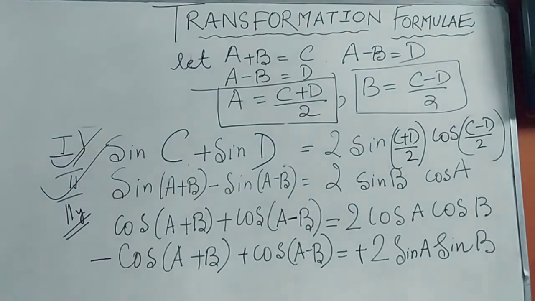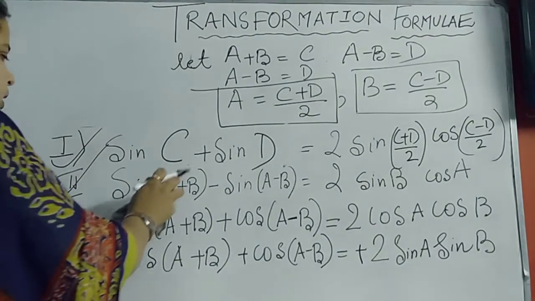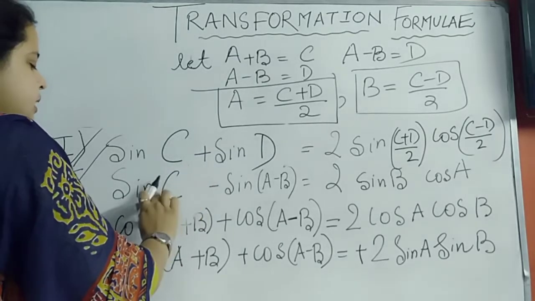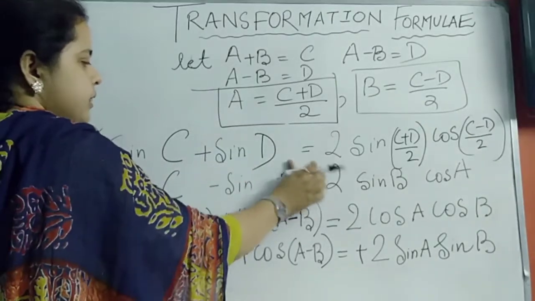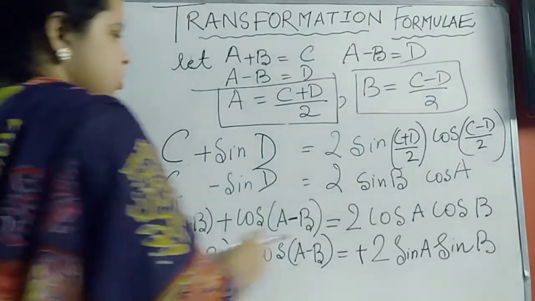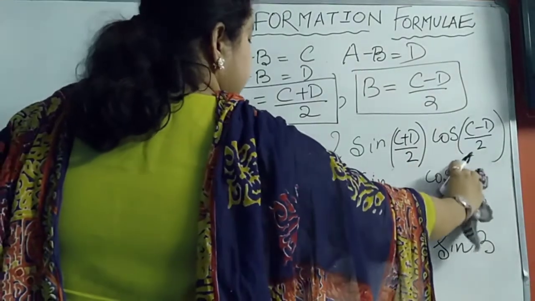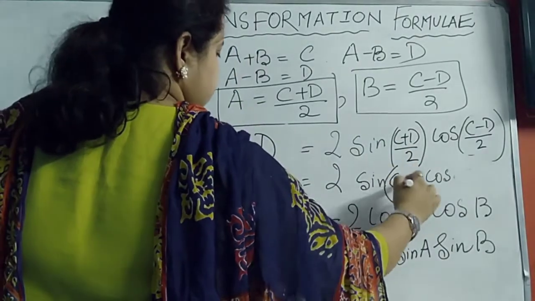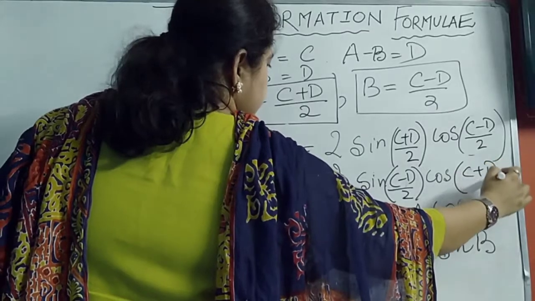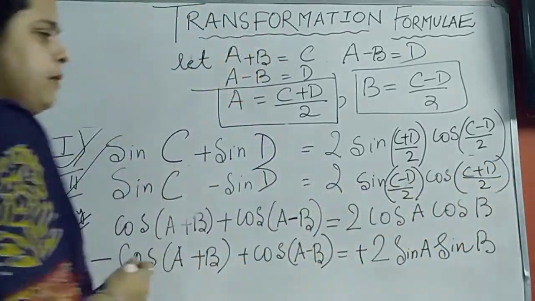Is the first one understood or not? Sin A plus B is now sin C and this is sin D. So this B and this A will be written in terms of C plus D by 2 and C minus D by 2.